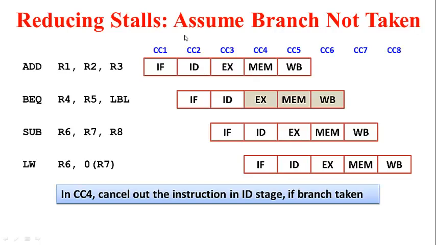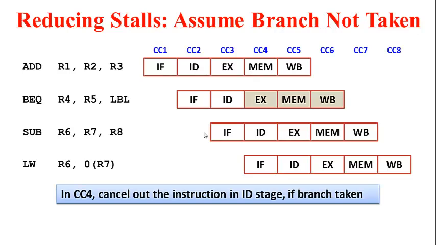In cases where the assumption is wrong, this cancelled out instruction will correspond to a bubble in the pipeline, and that is when we are back to the same old situation where there is a bubble in the pipeline due to a branch. Here is another question. What do you think of the effectiveness of this solution in reducing the number of stalls for loops in the program?